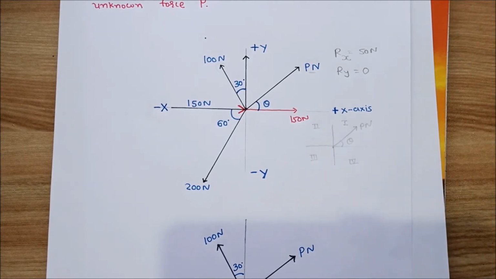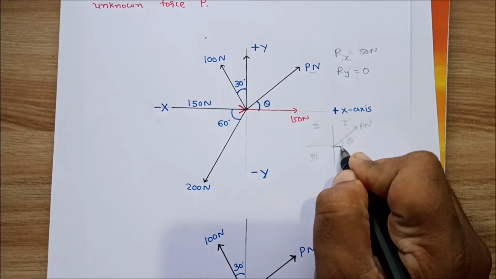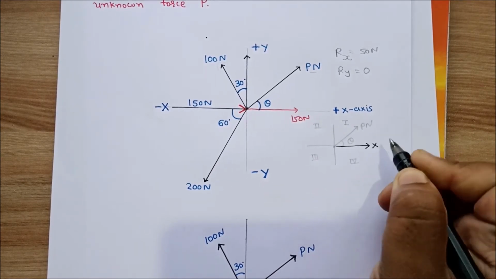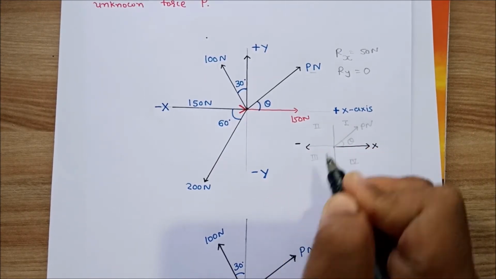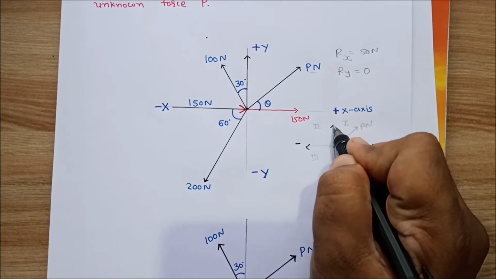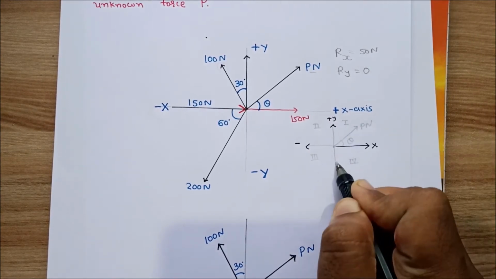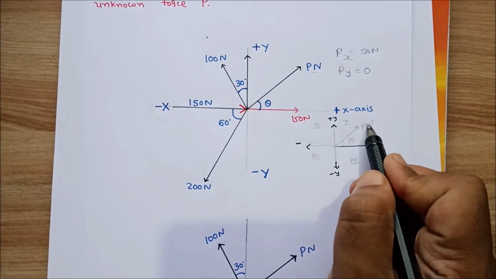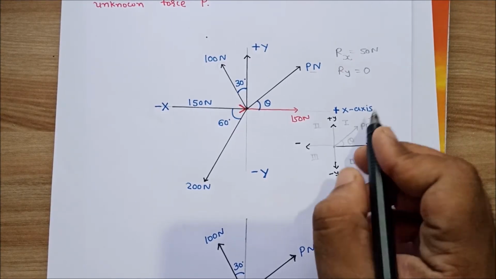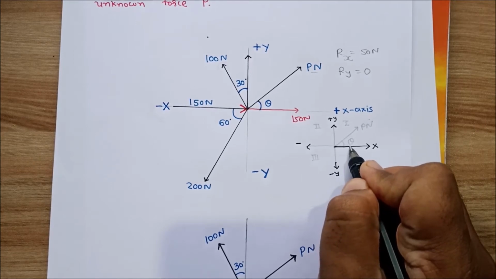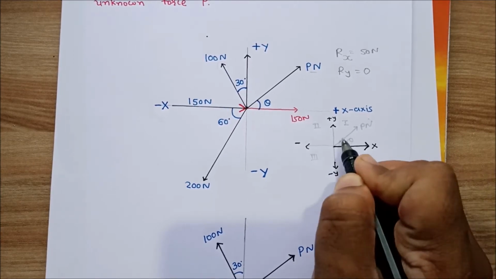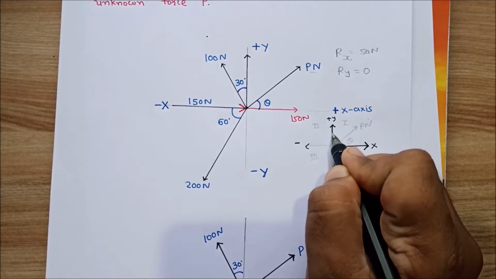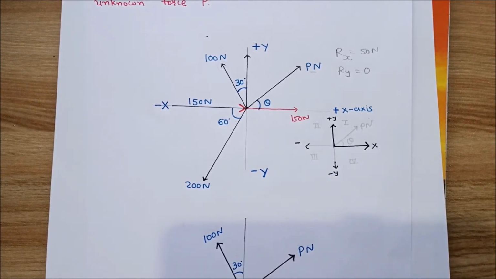Whenever we draw a graph, this is the positive x-axis and this is the negative x-axis. Similarly, this is the positive y-axis and this is the negative y-axis. Here the components of this P Newton force are a horizontal component along the positive x-axis and a vertical component along the positive y-axis.